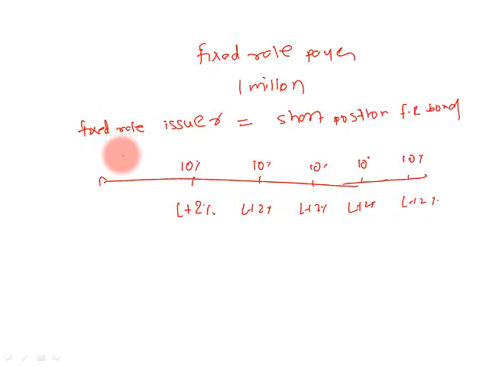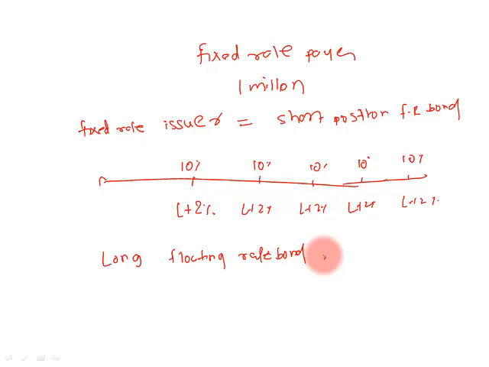Can I say that this is nothing but being long on a floating rate bond? Correct? Now, when I am long on a floating rate bond, do I expect to receive the notional amount at the end, the face value? Yes, I will receive the floating coupons. So for example, if I buy a bond, let's say for $1,000, for the next 5 years I will receive LIBOR plus 2%.